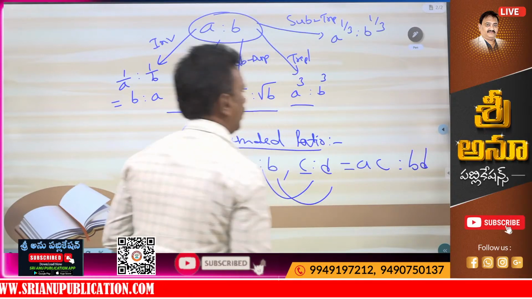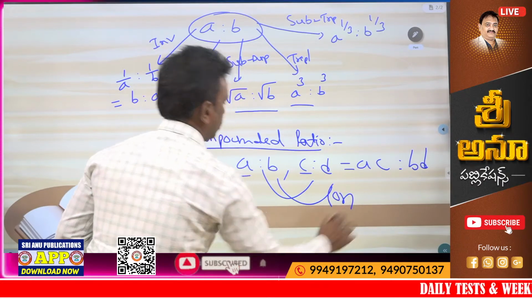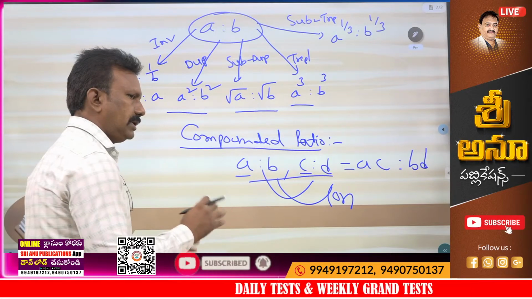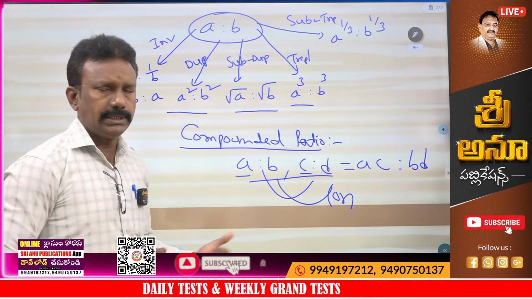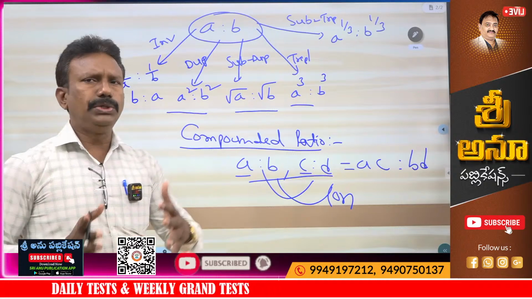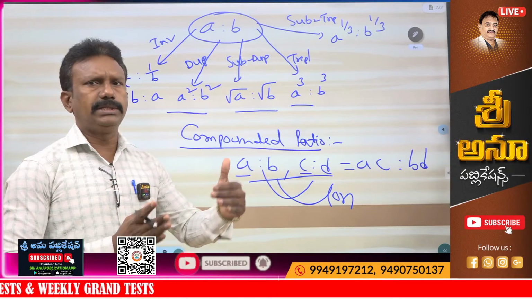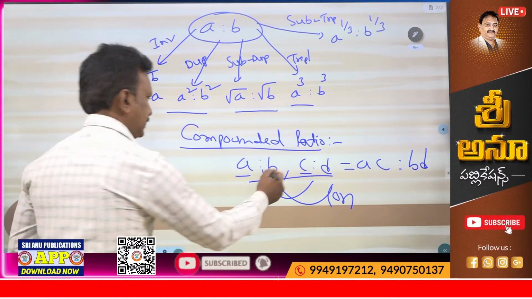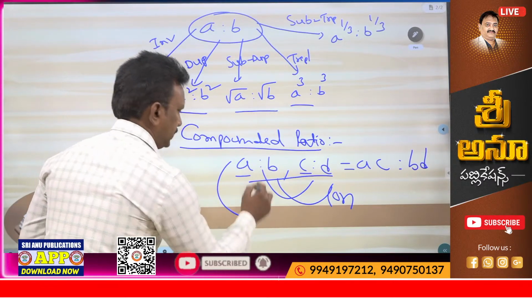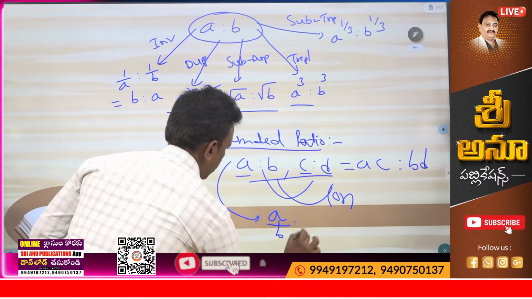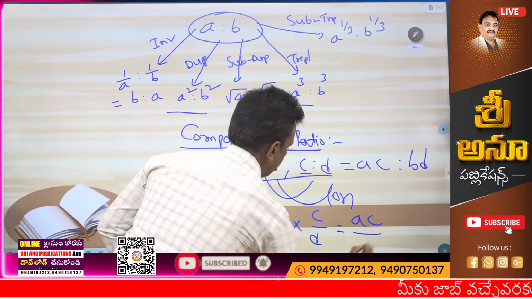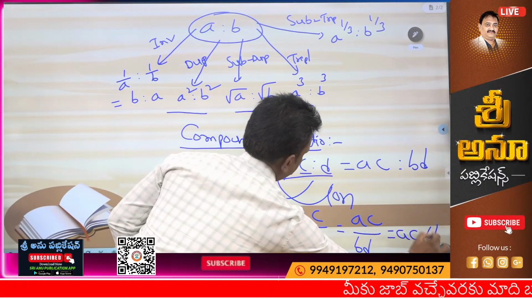Or we can say that the continuous multiplication of a list of ratios is also a compound ratio. In other words, A by B into C by D is equal to AC by BD, that is, AC is to BD.